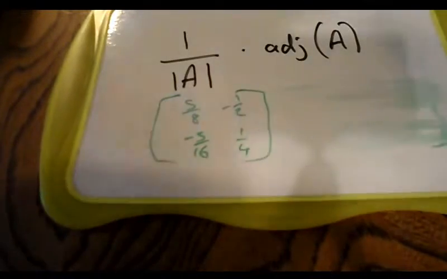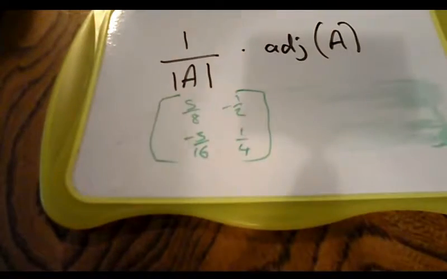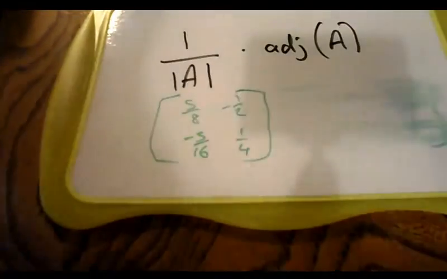It gets a little bit hairy now when you move on to 3 by 3, but we're going to go for it. The actual formula is going to be the same.